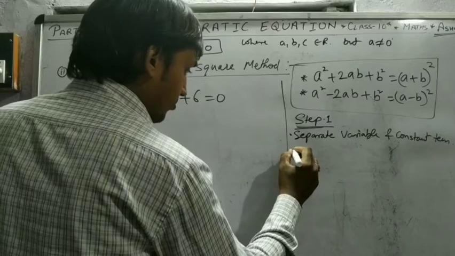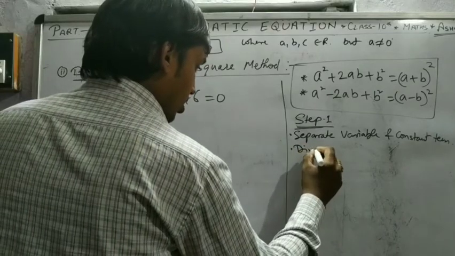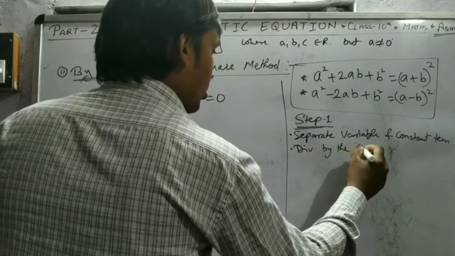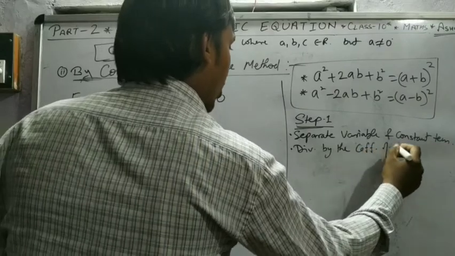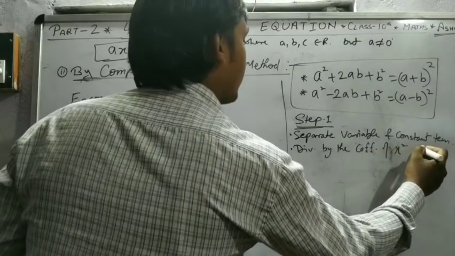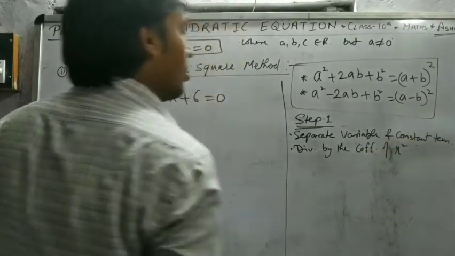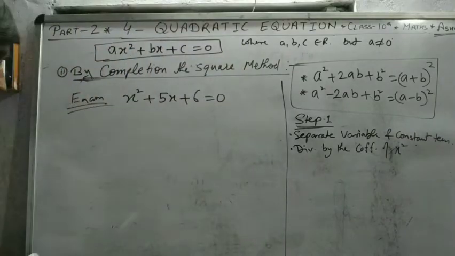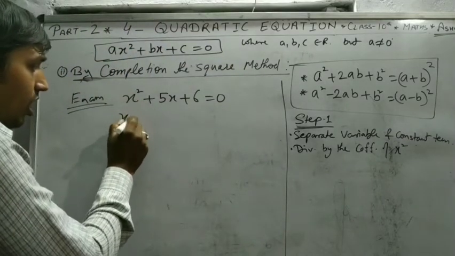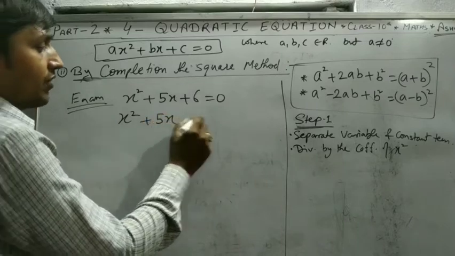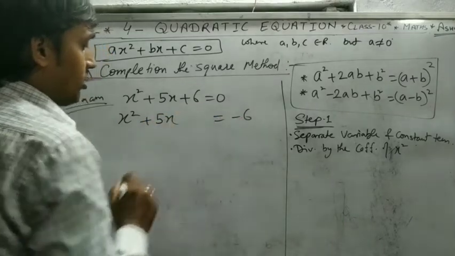Second step, divide by the coefficient of x square. So first, x square plus 5x is equal to minus 6.